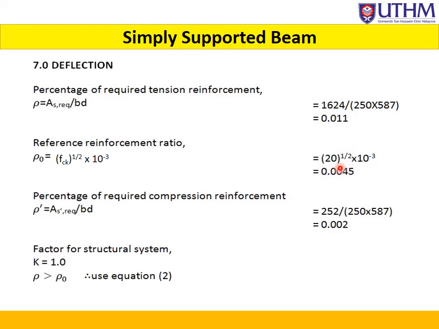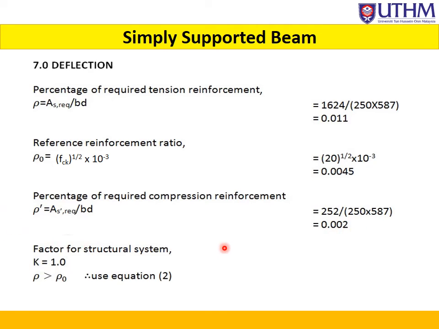So square root of FCK times 10 to the power of negative 3, we get 0.0045. Next is rho prime, which is compression reinforcement required area divided by B times D, we get 0.002.